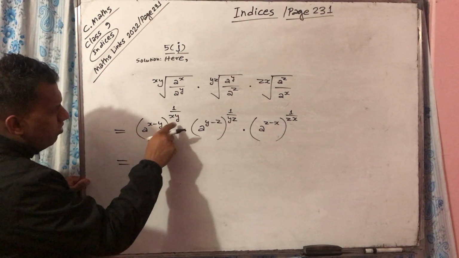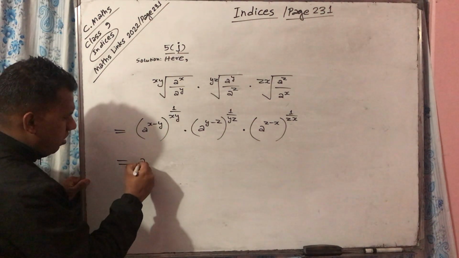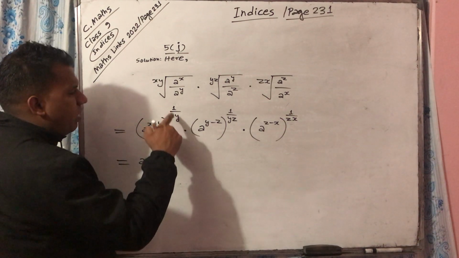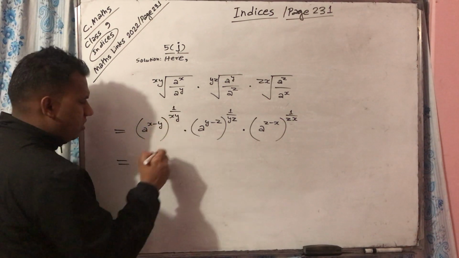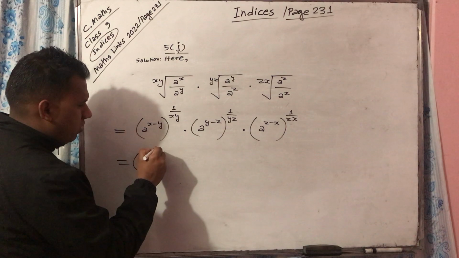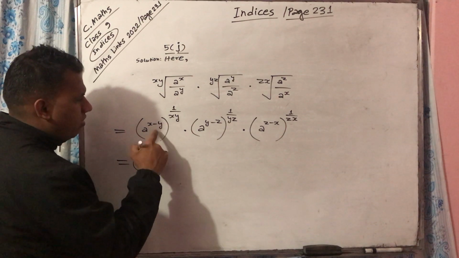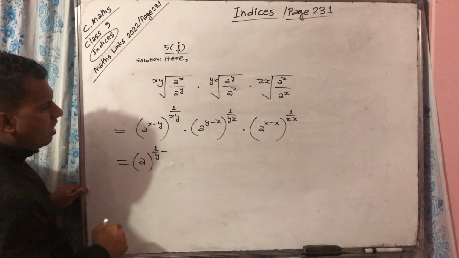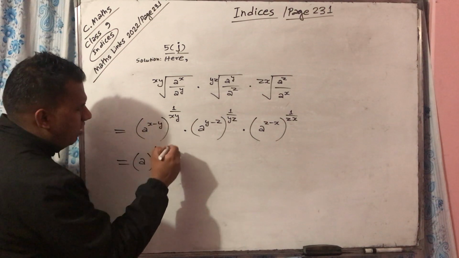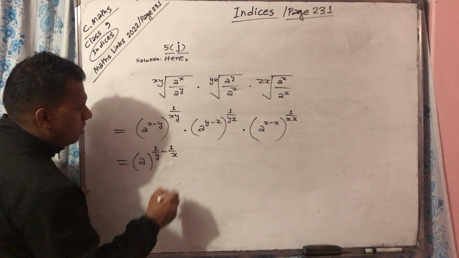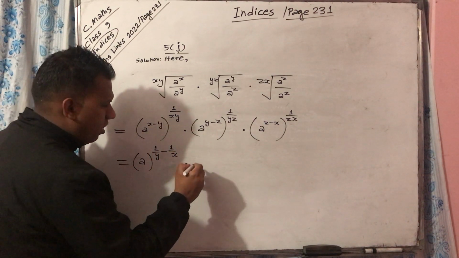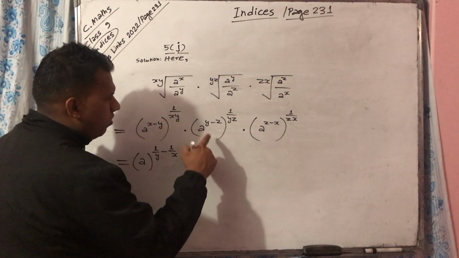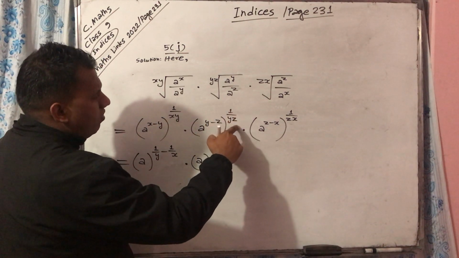Now first power multiplied with second power, it becomes a to the power x multiplied with 1 by x. X cancel, 1 by y. Minus y multiplied with 1 upon xy. Y cancel, remaining 1 by x. Similarly on the second, a to the power y multiplied with 1 by yz.